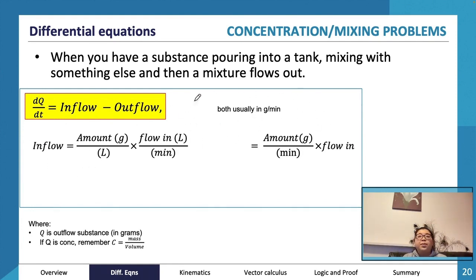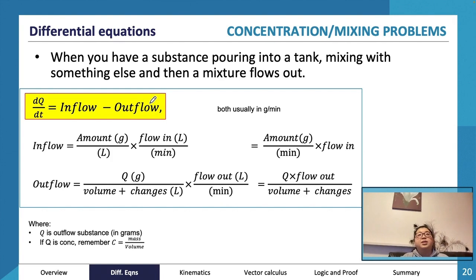They're mostly given in grams per minute, and the main thing is to consider the inflow and outflow as separate things. You have your inflow part, which is the amount they tell you in terms of the concentration, and this is going to be your flow rate. That essentially gives you your grams per minute times your flow in.